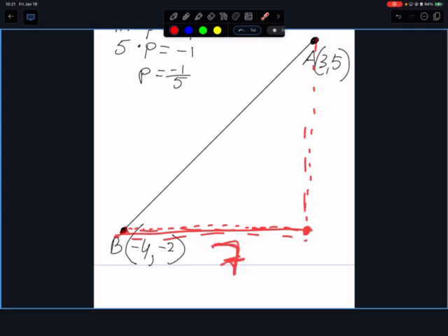And then you have -2 to 5, which is also 7. So 7 squared plus 7 squared equals this side squared, which becomes 98. The square root of 98. Yes, in brackets, coordinate.